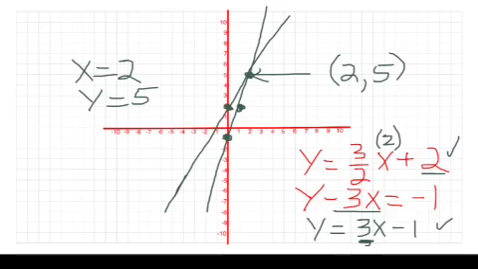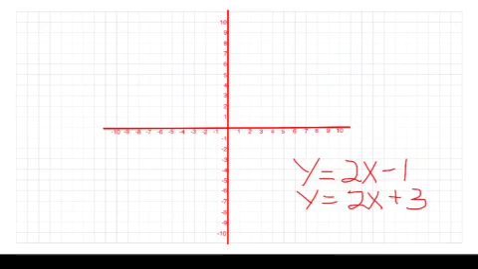Now let's look at one more here. This time both are already in the correct mx plus b form, so I don't have to do that. I go to negative 1 for my y-intercept, and then I go up 2 over 1 because it's a slope of 2, and I'm going to draw that line, a terrible line.